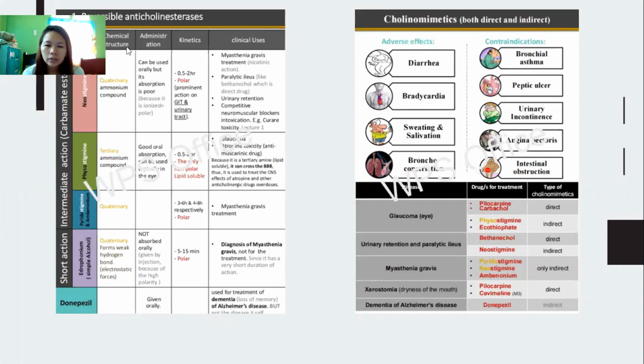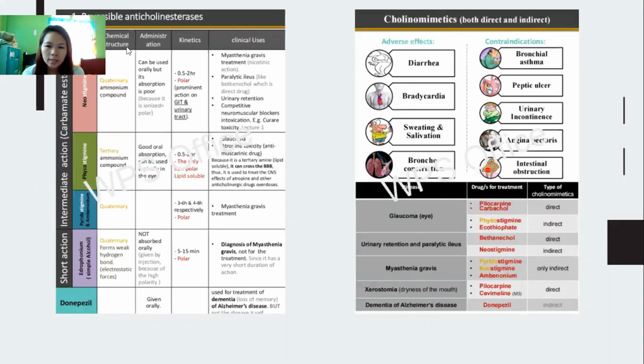In urinary retention and paralytic ileus, the drugs for treatment are bethanechol, which is direct, and neostigmine, which is indirect.